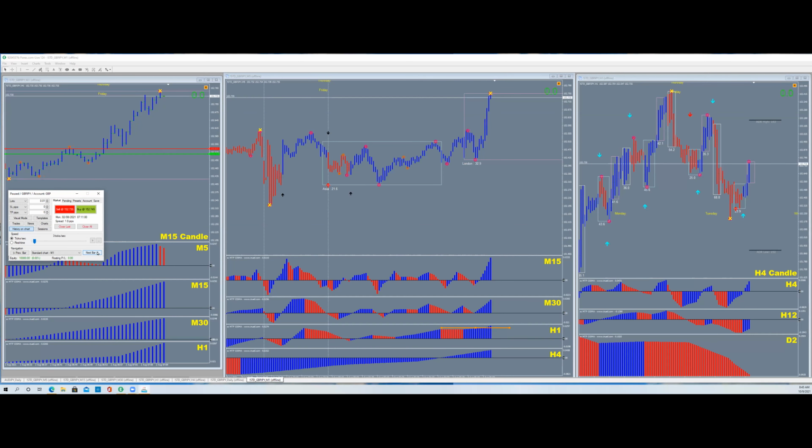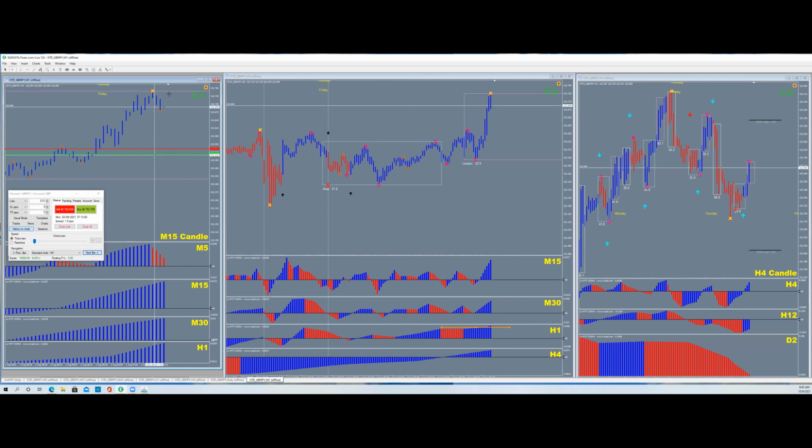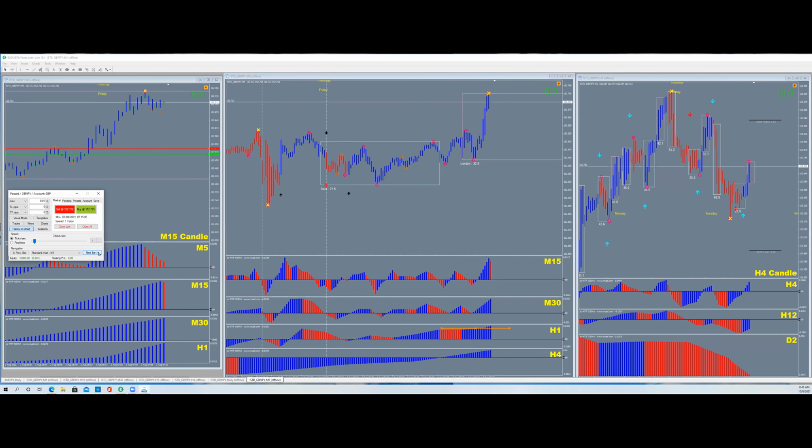And it's still going strong. Let's see where we are. So at this point, you've been as high as 20, 24 pips, 23 pips. Okay.